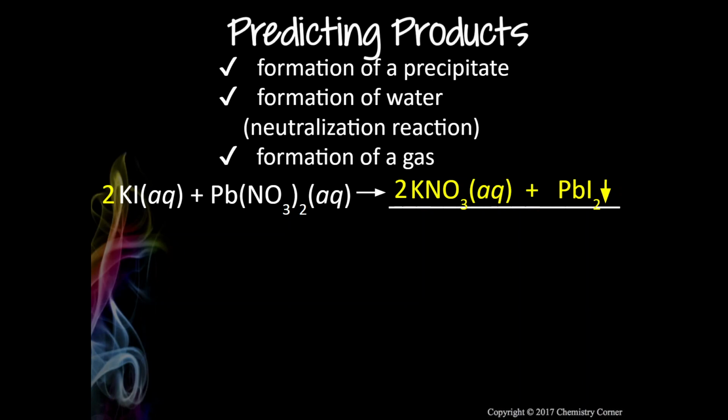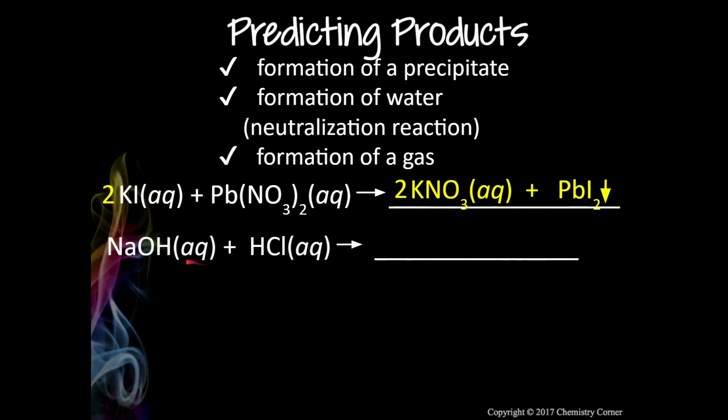And the answer is, we're going to look at our solubility table. You should already have that in front of you, and I'm not going to go through it right now, but when you look at chlorine, bromine, and iodine, you see that iodine is soluble except when it's paired with silver or lead or mercury. And so in this case it's paired with lead, and that lets us know it will be insoluble.